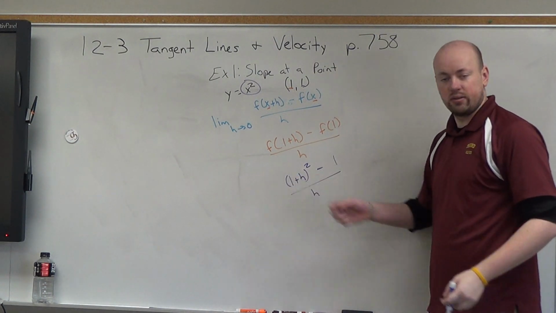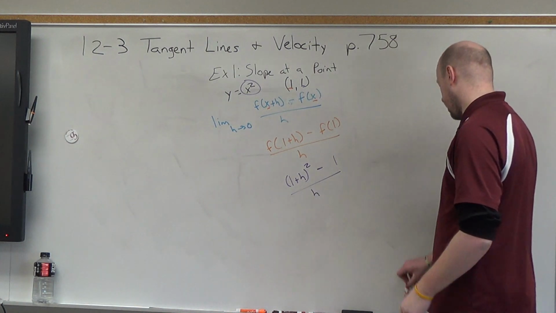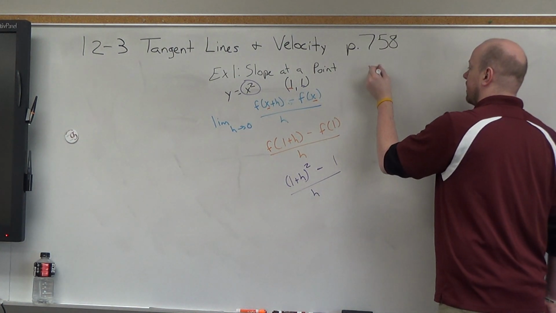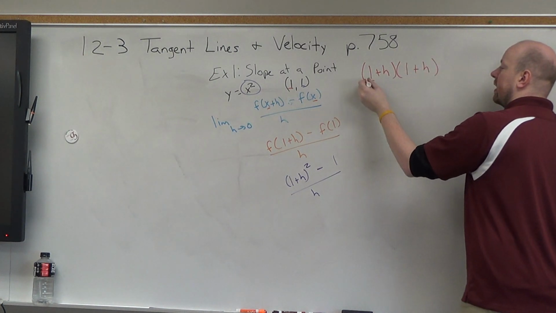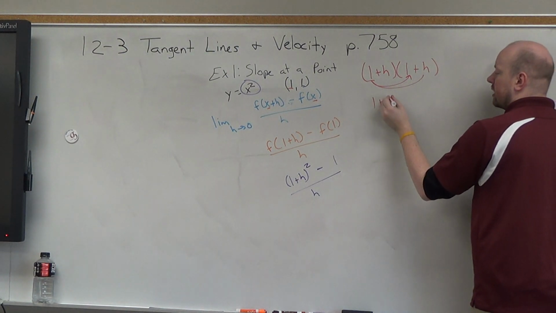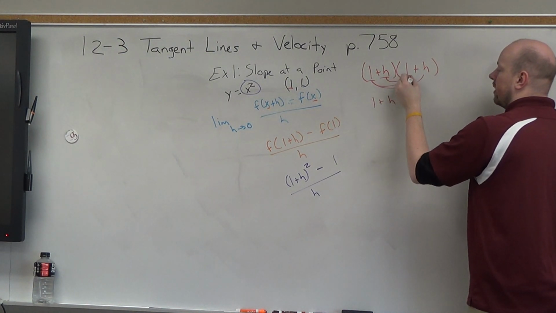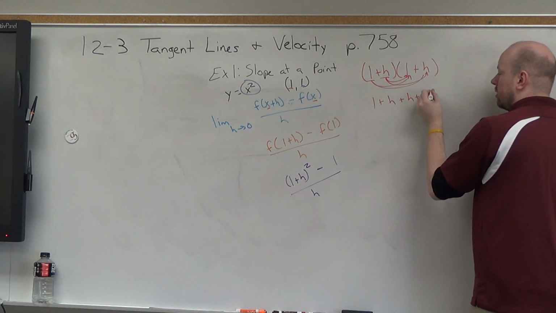Now all I've got to do is do the algebra. 1 plus h squared. Remember, that just means 1 plus h as the quantity squared. So I get 1 times 1, which is 1. 1 times h, which is h, times 1, which is h. And then h times h, which is h squared.